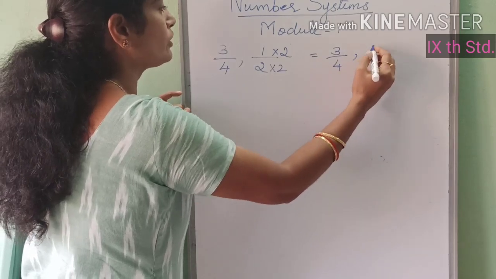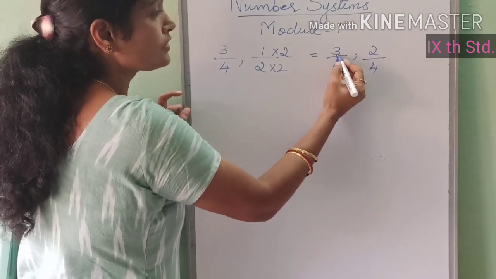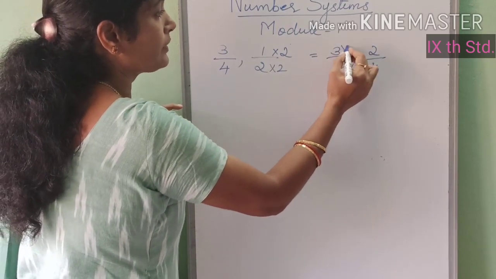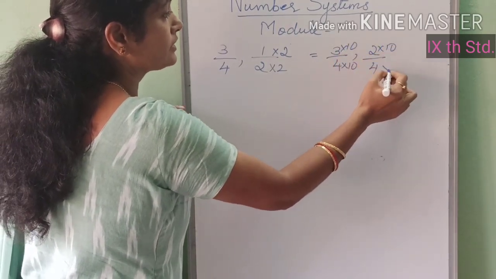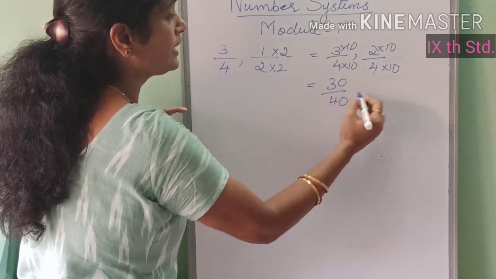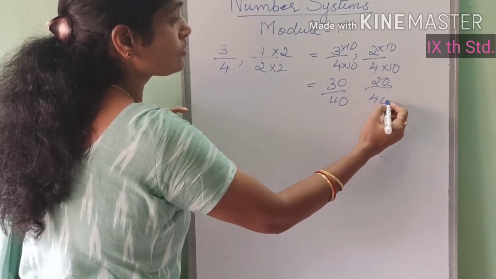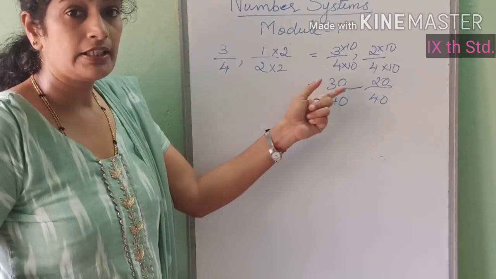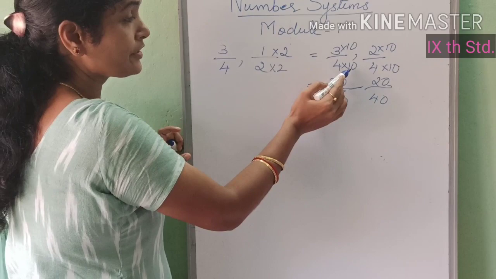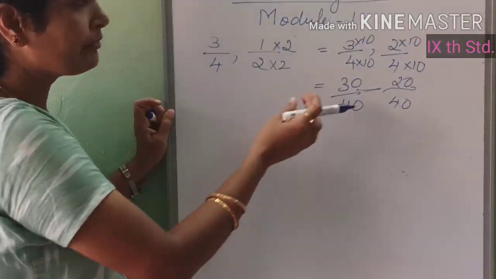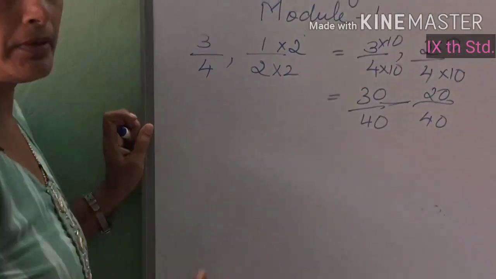It is 3 by 4 and 2 by 4. Between 3 and 2 as such there is no number, so multiplying by the same number, this is 30 by 40 and 20 by 40. Between 20 by 40 and 30 by 40 I can get 10 rational numbers. Instead of multiplying by 10, I could have multiplied by 100, and we could have got more numbers in between.